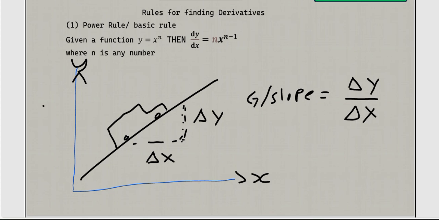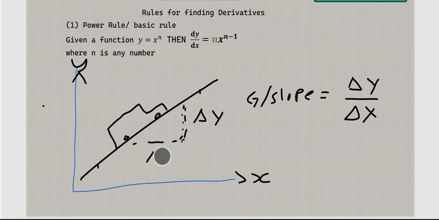So that's for a straight line. How about if it was a curve? You have to know that the gradient at any point of a straight line is the same. So whether the car is at this point, or this point, or this point, the gradient or the slope remains the same.